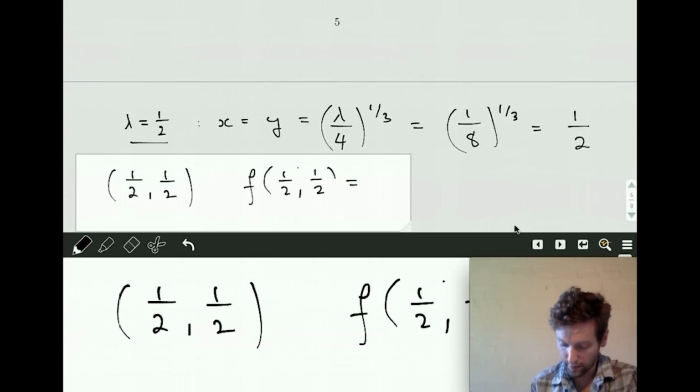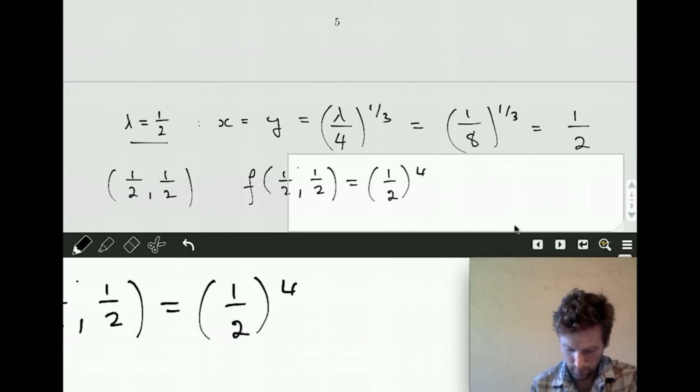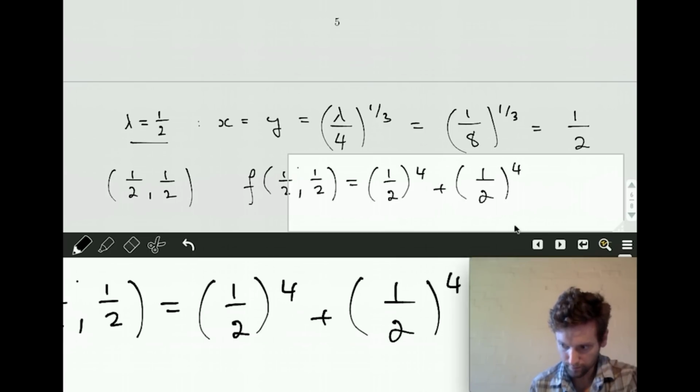Well, f of x and y was x to the power of 4 plus y to the power of 4. 1 over 2 to the power of 4 is 1 over 16.